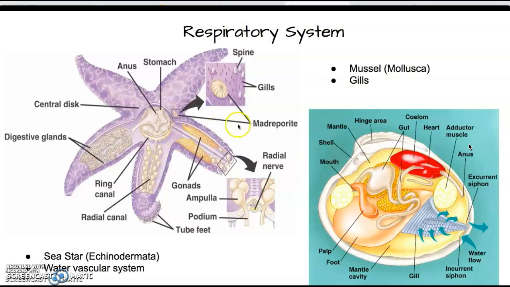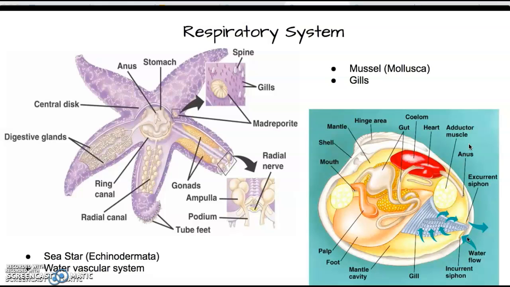Similar to the sea star, the mussel also uses water for its means of gas exchange. But what happens here is the water goes through this in-current siphon that we have right here. This picture is a cross-section of the mussel, where it looks like we cut it in half and now we're looking down at it.